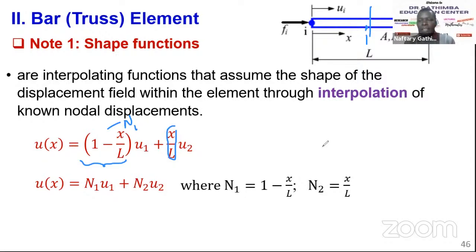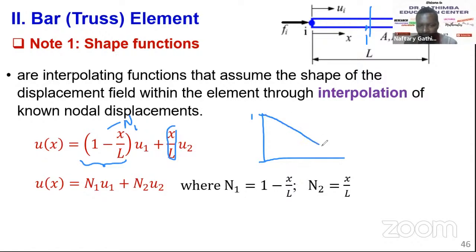And this shape function, you can sketch it like this. If you look at this equation, when x is at the start point here, when x is equal to 0, this value is 1. And when x is equal to L at this node, L over L is 1, and 1 minus 1 is 0.